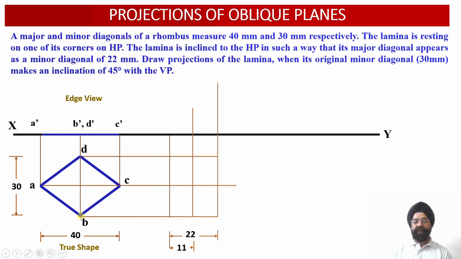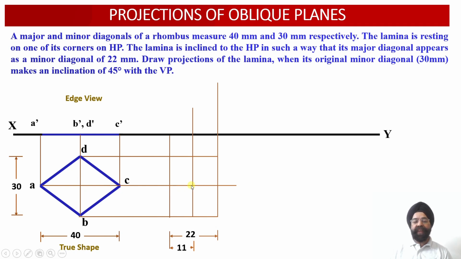So the projectors we have drawn through points B and D from the previous view will provide us with the length of the minor diagonal of this rhombus unaltered as 30 millimeter. So this length will be 30 millimeter. Now we know that after the inclination of this lamina with respect to the horizontal plane, the major diagonal AC will now be projected as a minor diagonal having length equal to 22 millimeter.